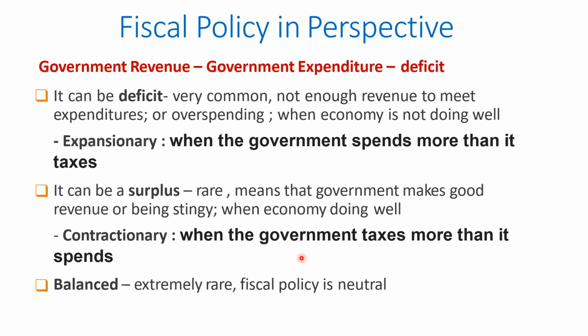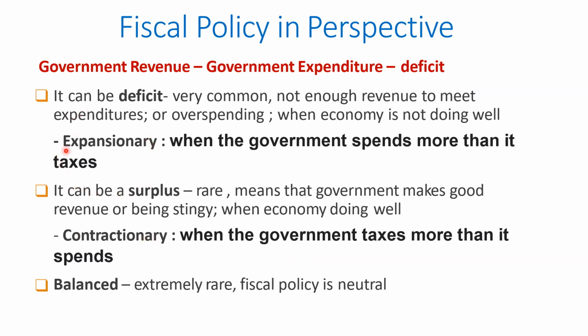Now, people didn't feel it because the government paid salaries by printing money, but now the government is telling us we are not printing money, we do not have sufficient money, so many things. If we have a balanced budget, which is extremely rare, that means fiscal policy is neutral.